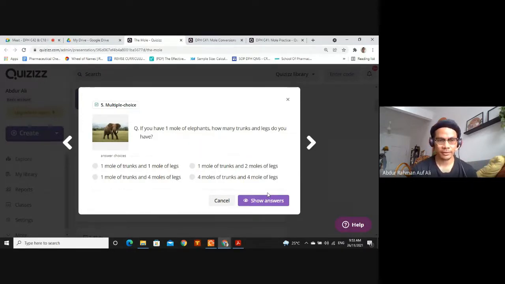Anyone care to answer? Volunteer. Kalau kamu ada 1 mole gajah, berapa banyak belalai dan kaki gajah yang kamu ada? From the options, what do you think? Kalau kamu tak tahu, kamu boleh hentam. Kamu boleh volunteer to hentam. Jawapan, no answers, no volunteers.